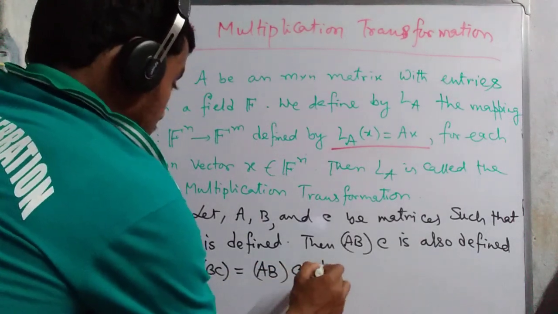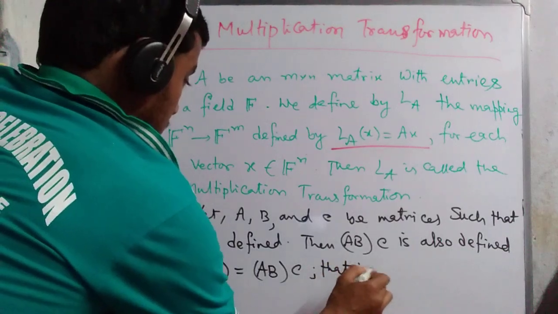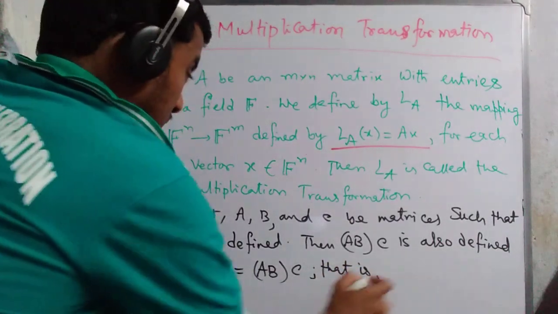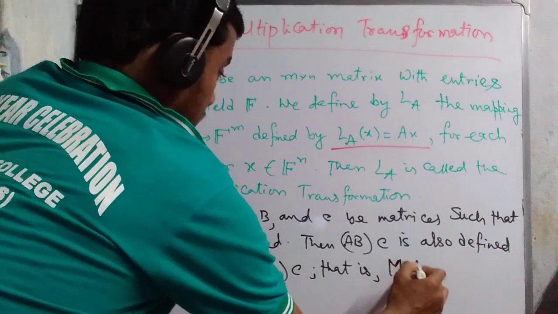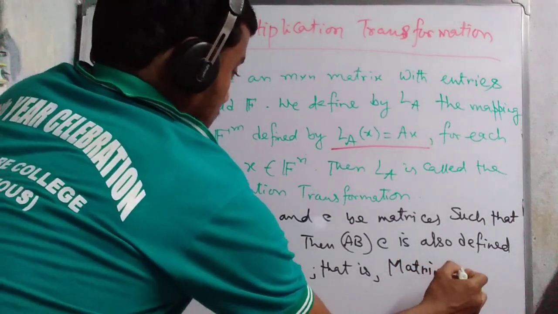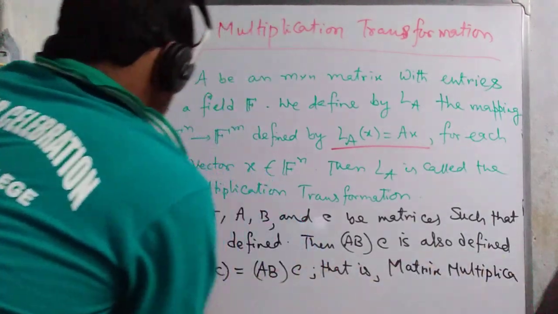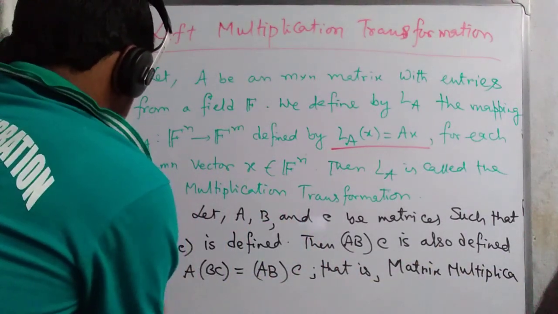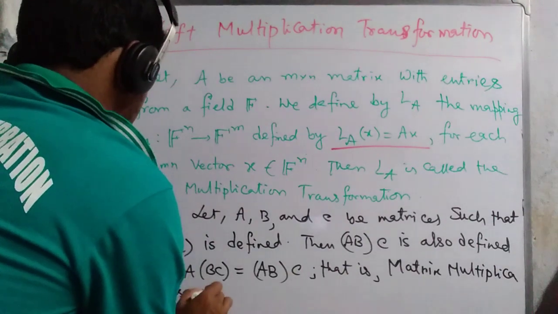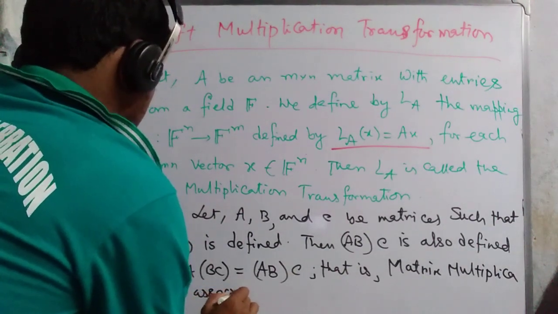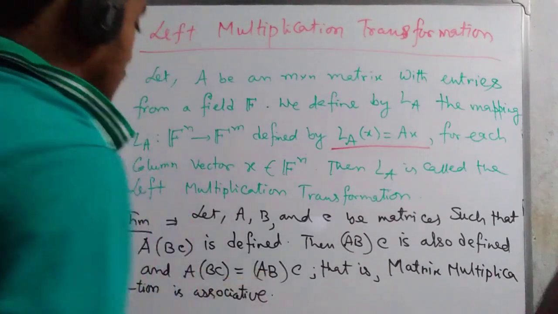Understood? That is, matrix multiplication is associative.